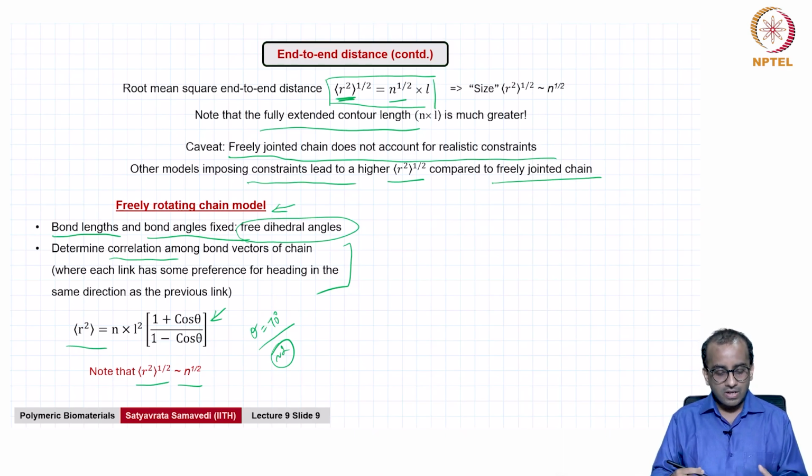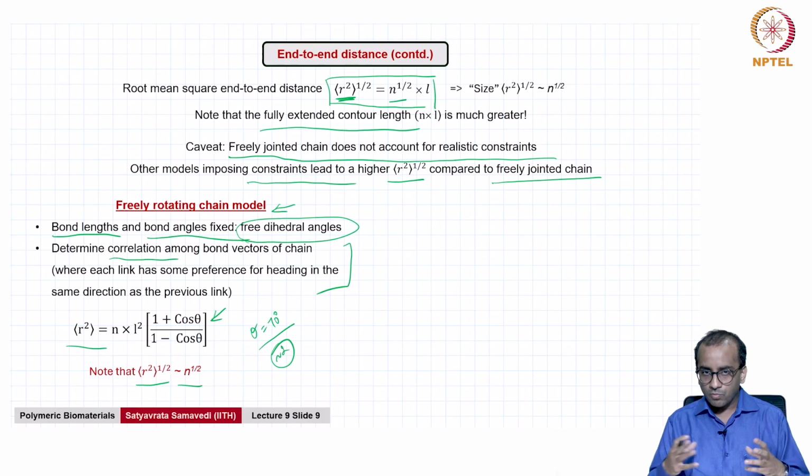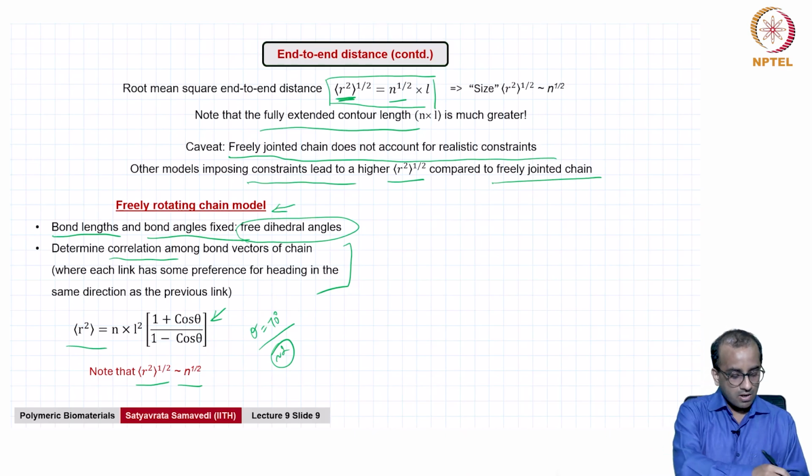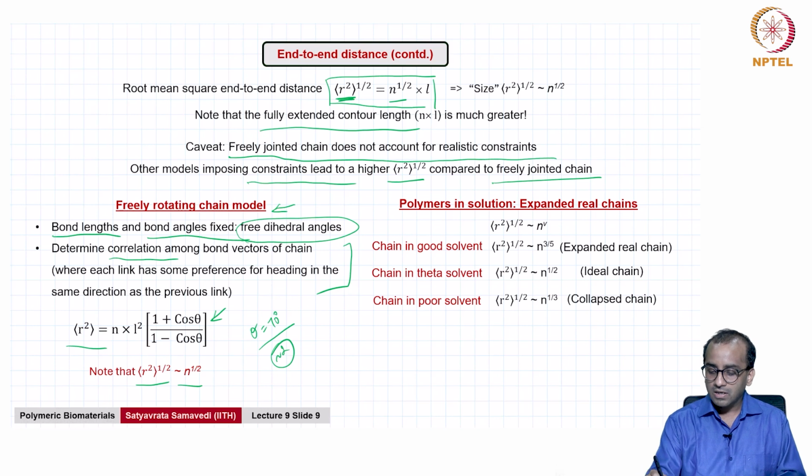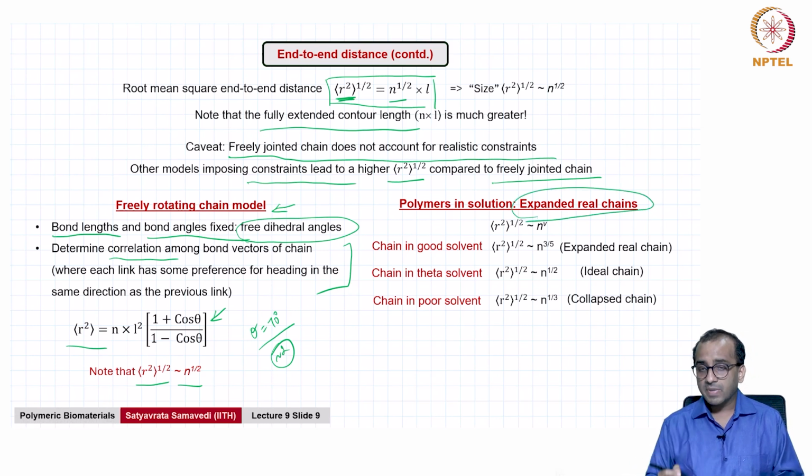Now, there are more models that you can think about which include more and more constraints. We can also look at the scaling from a solution perspective, where now you see that we are talking about expanded real chains as opposed to ideal chains.